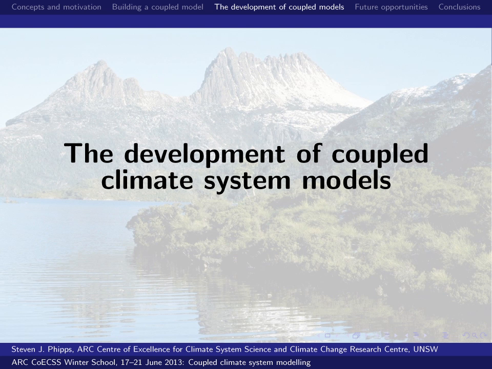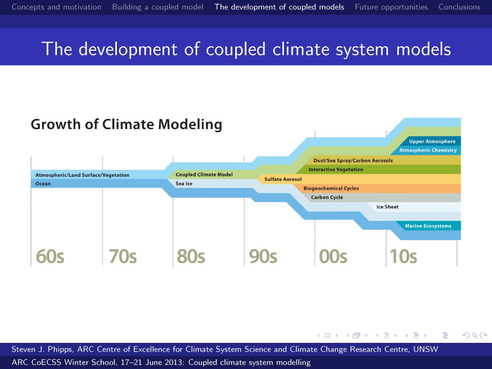So I thought it might be quite fun to cover the development of a couple of models from the beginning through to the present day, because it will show you how they've evolved and show you what the trends are, which will give us some maybe insights into how we want to push things in the future. So over time, as our understanding has improved, as our computers have got faster and we can actually afford to run more complex models, the models themselves have become more complete. So we started out in the 60s and 70s with atmosphere and ocean models.